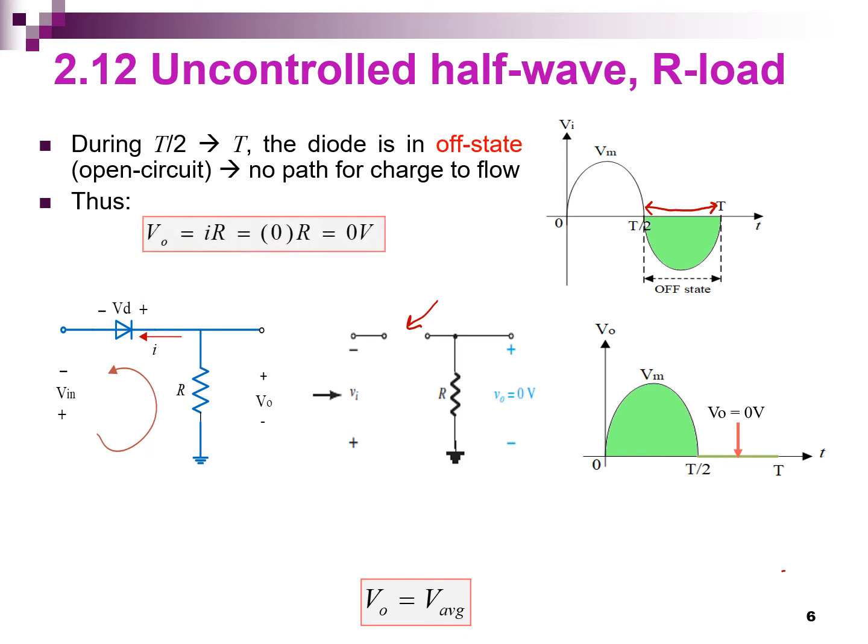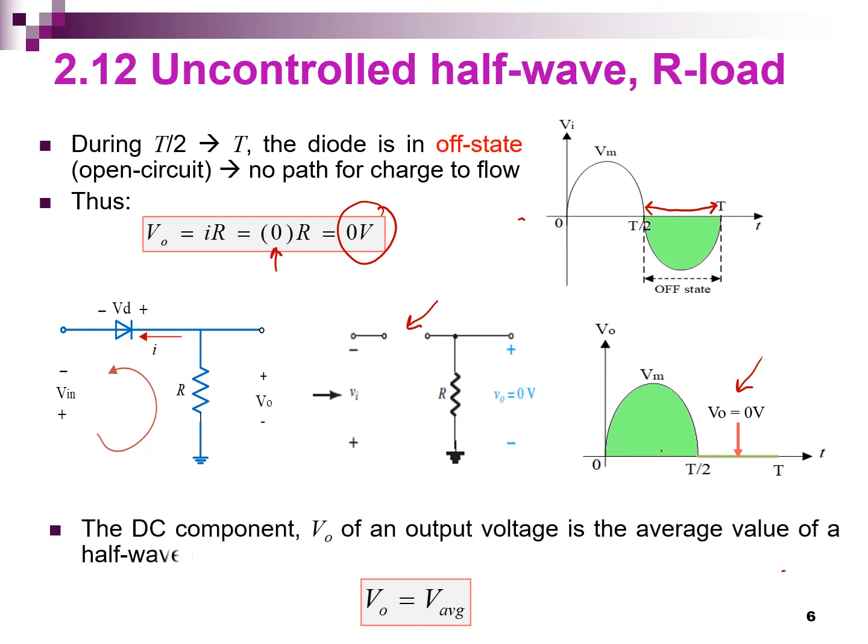So we get V out equal to 0 times R, which is 0 volts. This is the output voltage during the negative half cycle, where V out is 0. The DC component of the output voltage is the average value of the half wave rectified sinusoid.